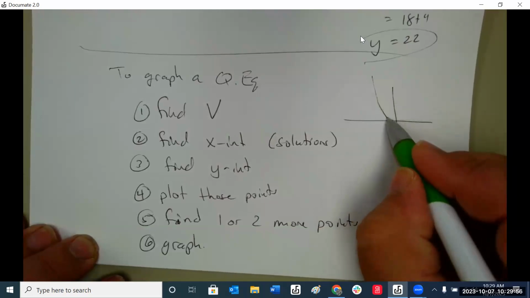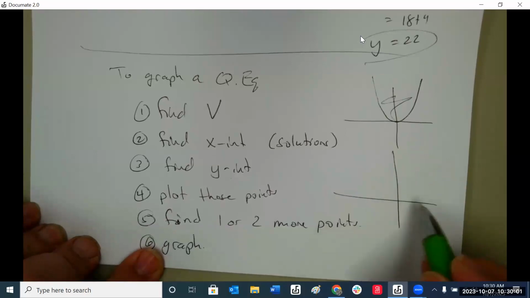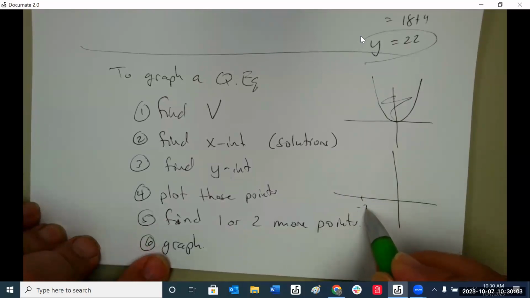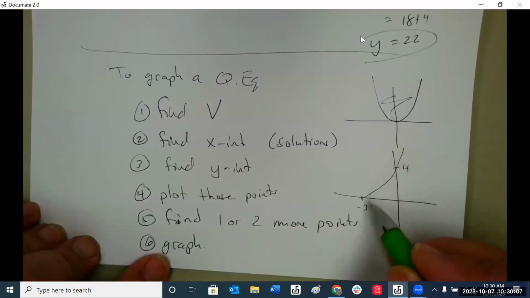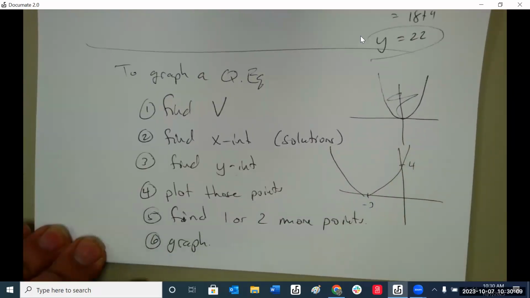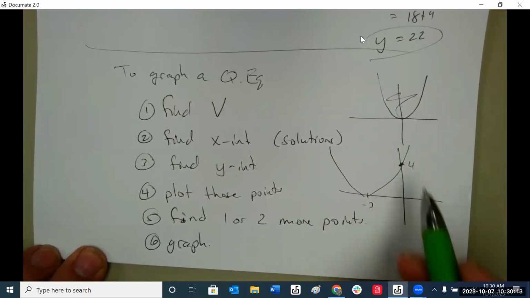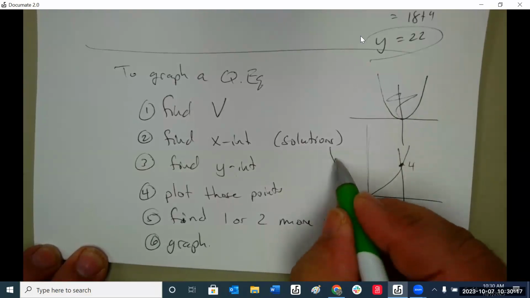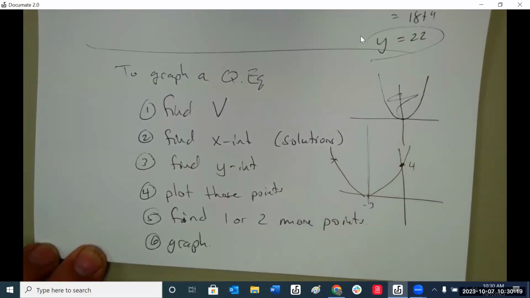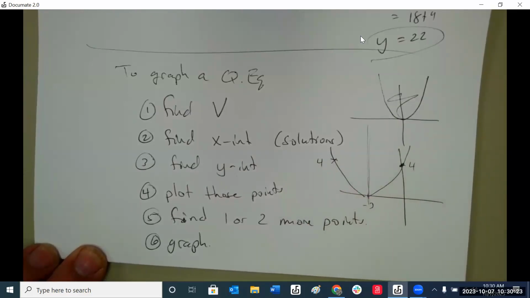Again, let's say our vertex is at -3 and our y-intercept is at 4. We know that's a point on the graph, isn't it? Since -3 is the axis of symmetry, there has to be a point here also at 4.